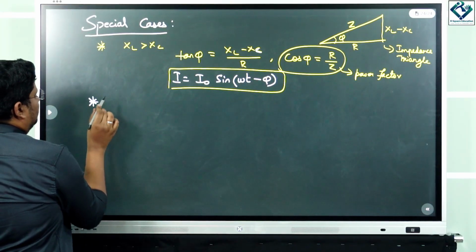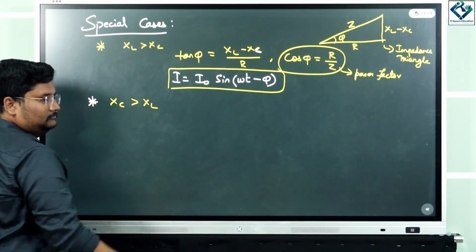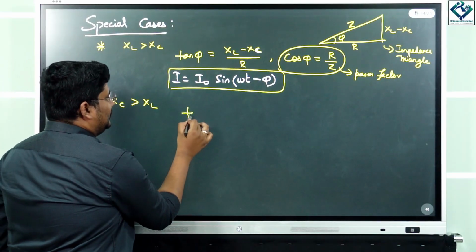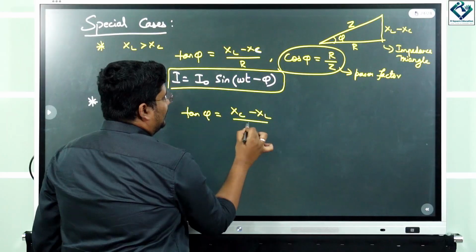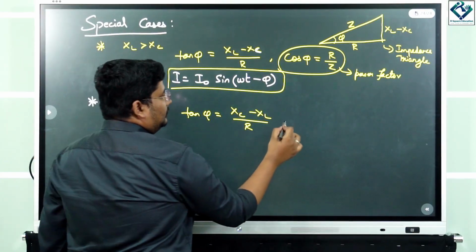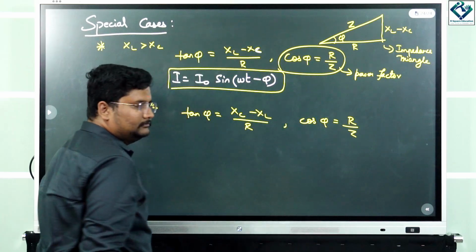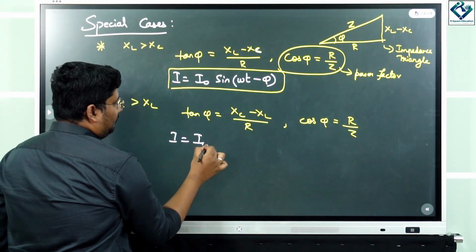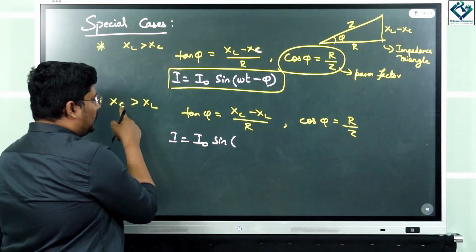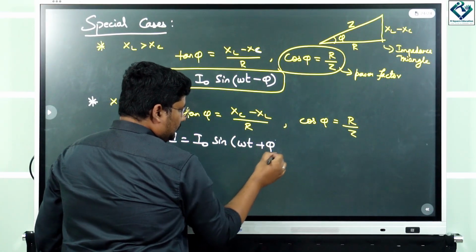Suppose XC greater than XL, then tan phi will be XC minus XL by R. Cos phi will be the same, R by Z. And the current value will be, it is now dominated by capacitance, so what you will get, plus phi.